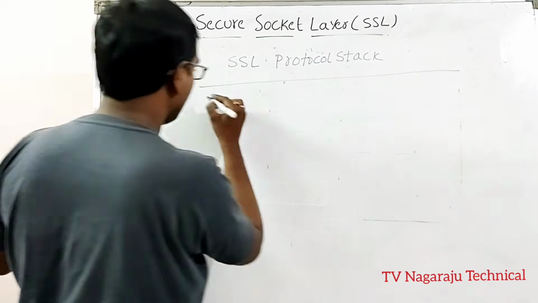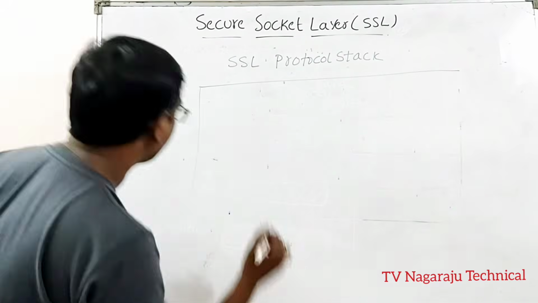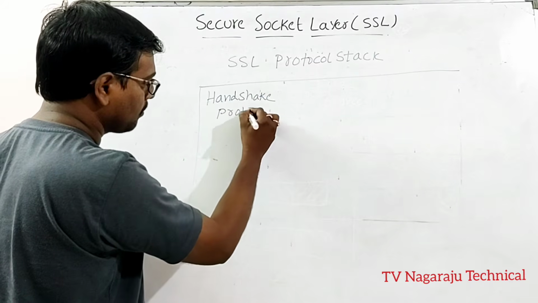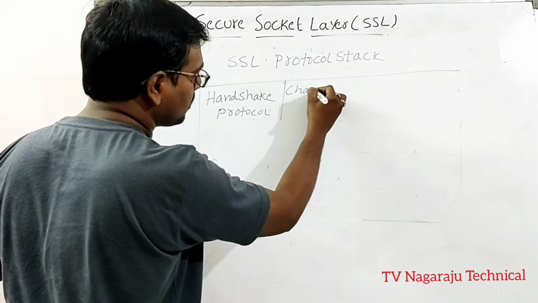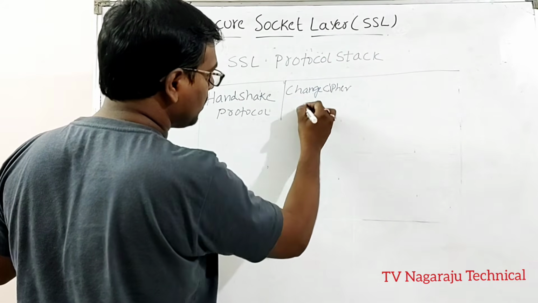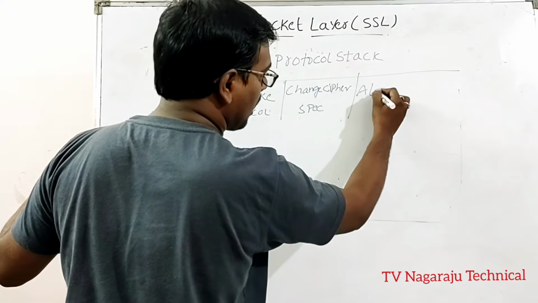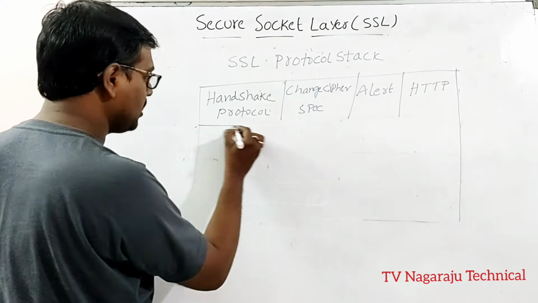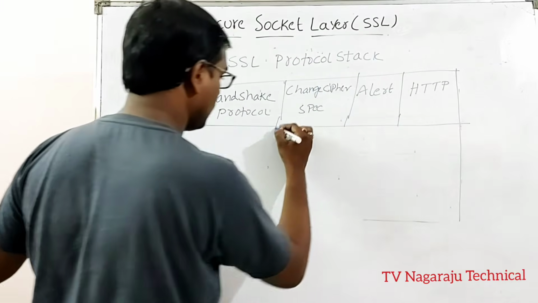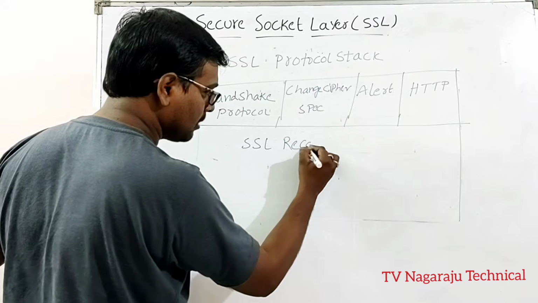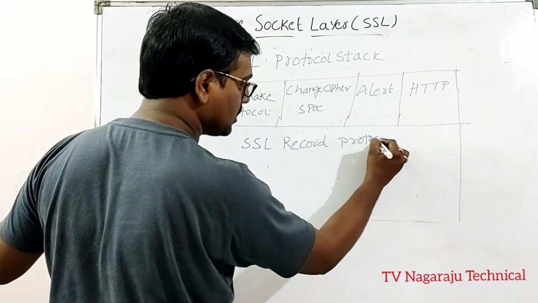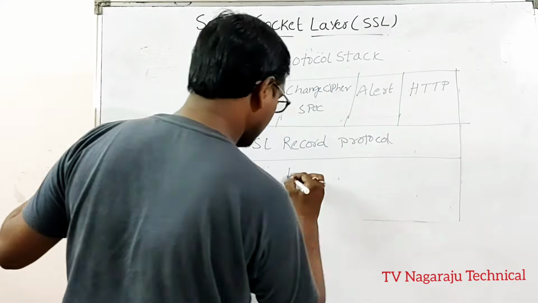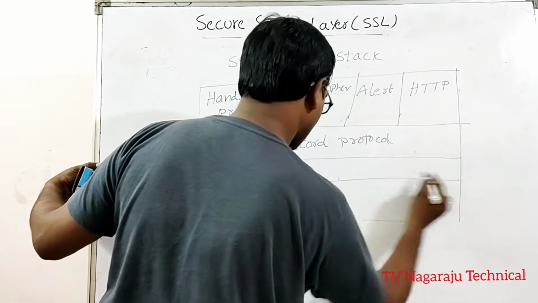So, Handshake protocol, Cipher Spec protocol, Alert protocol, and then HTTP, here the SSL Record protocol, TCP, IP.